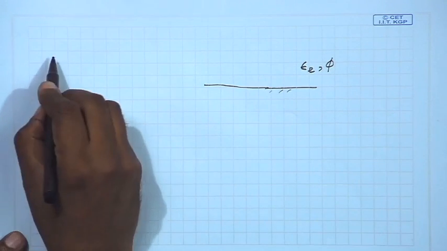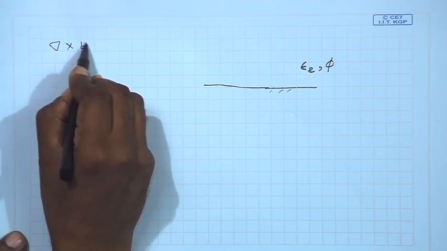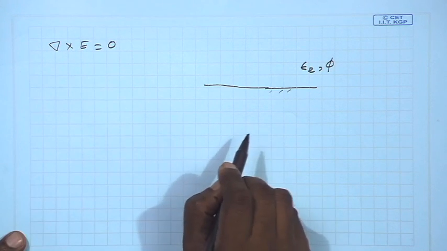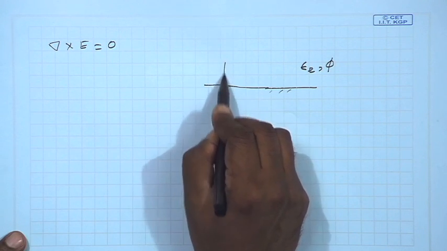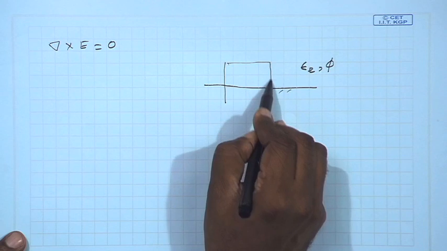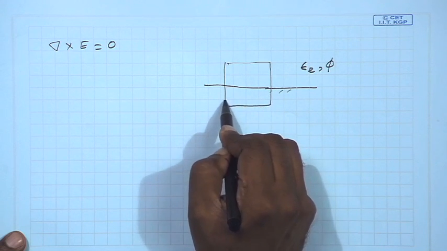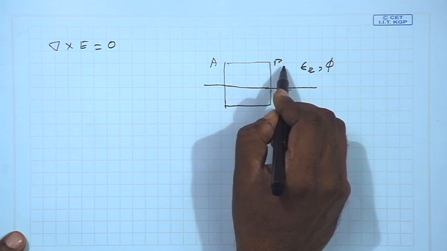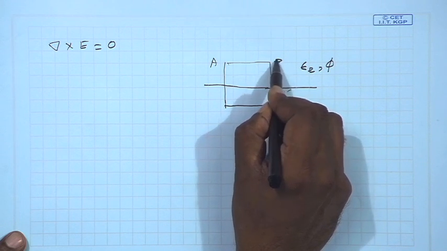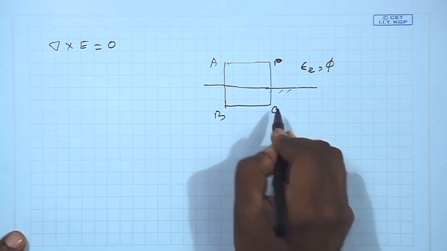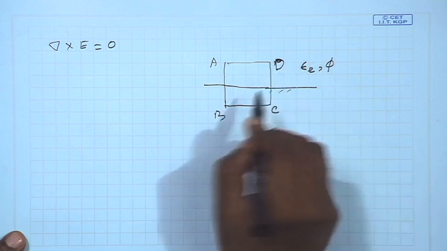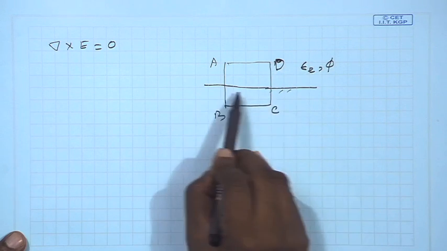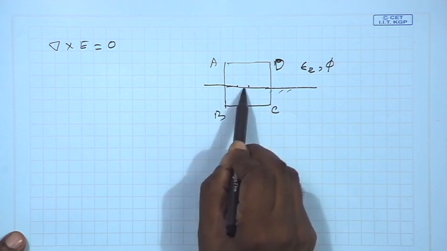Now, we know that del cross E equal to 0 everywhere. So, we construct a control volume or an arbitrary area, say in 2 dimensions, A, B, C, D, which contains the interface.